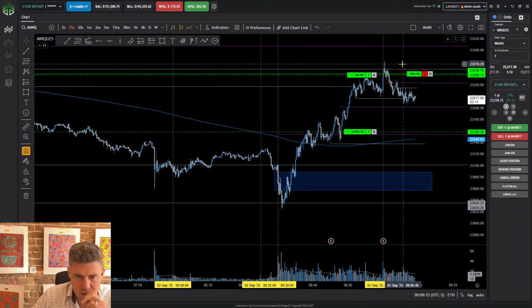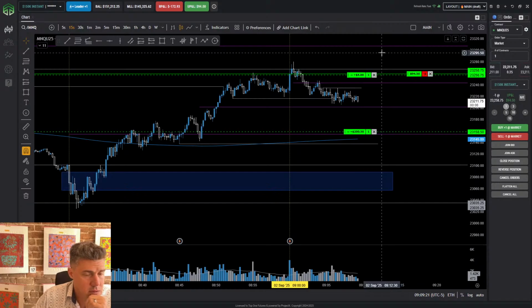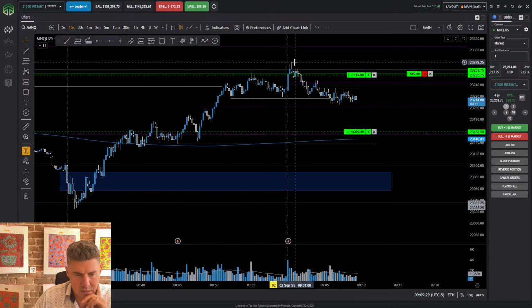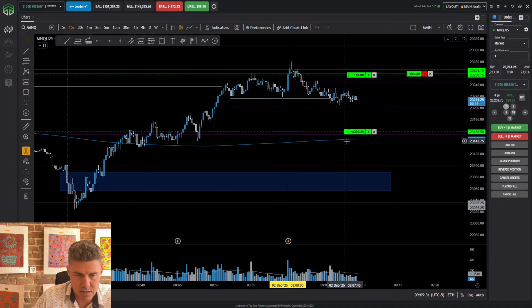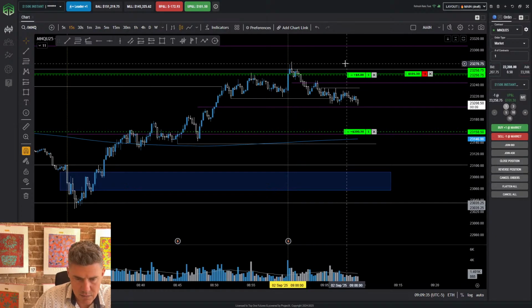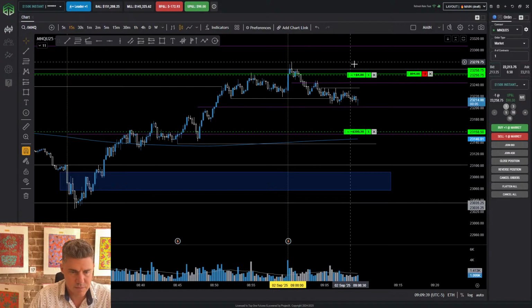Why did I take this short, dude? Because look, this 15-second candle is the perfect reversal. I mean, that's just literally perfect. It's at a POI right after news manipulation up. And the candle is literally the easiest candle I can push the button on when I see it. Buyers are trapped here.